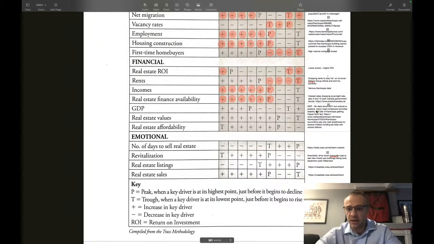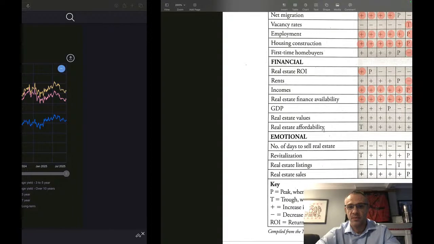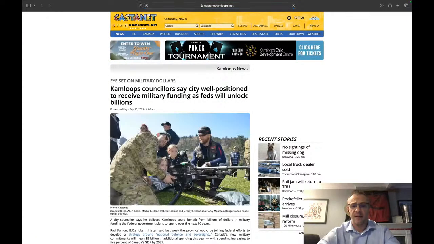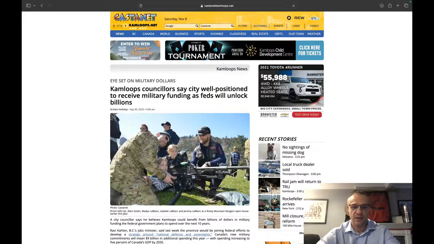So GDP, there's no data for Kamloops since 2021, but the outlook's positive. There's lots of talk. There's lots of major employers in Kamloops, and there's lots of talk about some of the government's big budget from this year falling into Kamloops potentially.